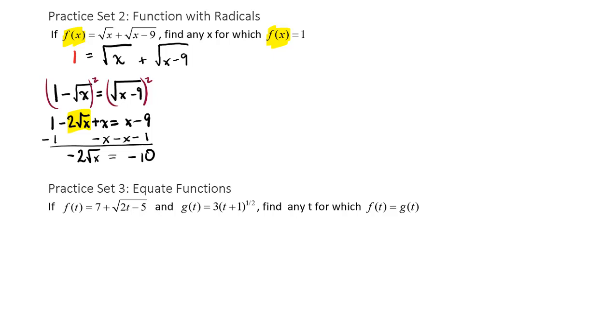And now I'm going to square both sides again. I get negative 2 squared, which is 4, root x squared, which is just x, equals negative 10 squared, which is just 100. So x is equal to 25.